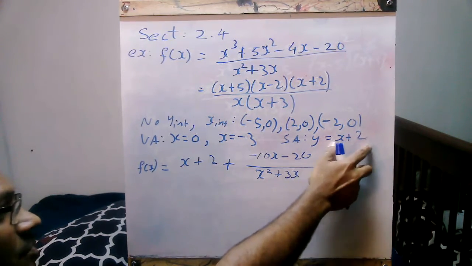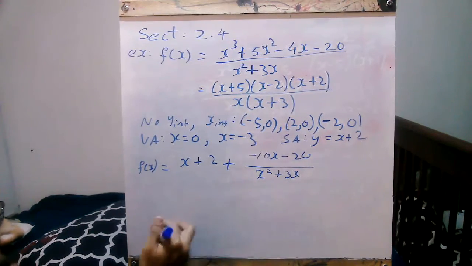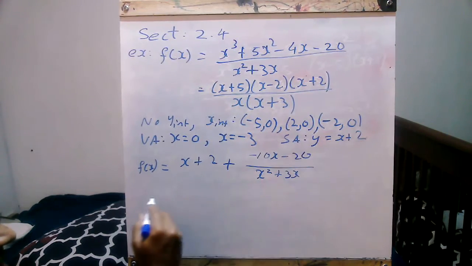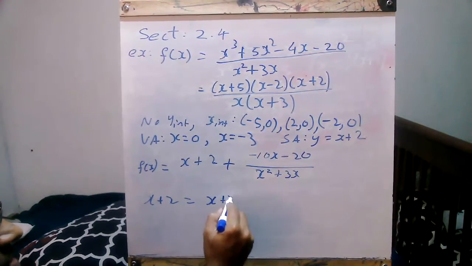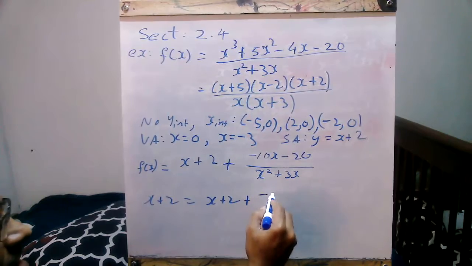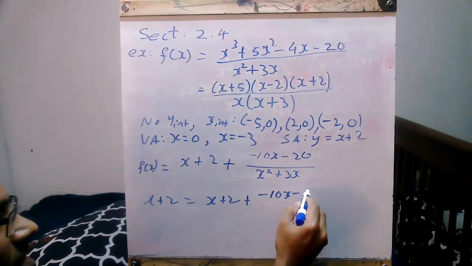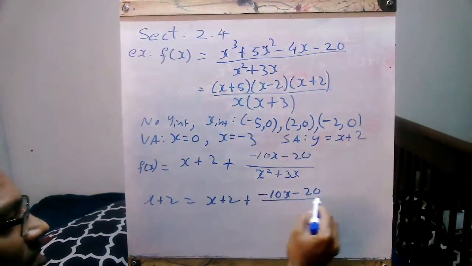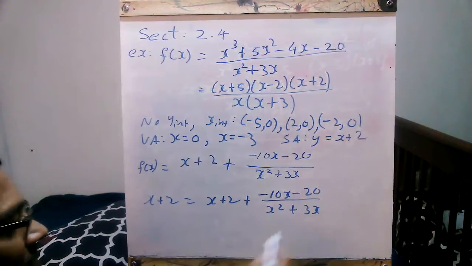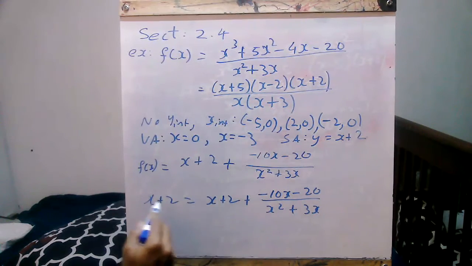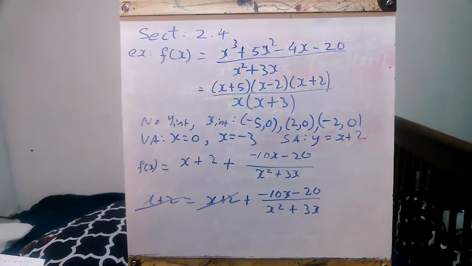Okay, let's equate the right side of this equation to the right side of this equation: x plus 2 equals x plus 2 plus (negative 10x minus 20) divided by x squared plus 3x. If you subtract x minus 2 on both sides, x plus 2 and x plus 2 cancel out.